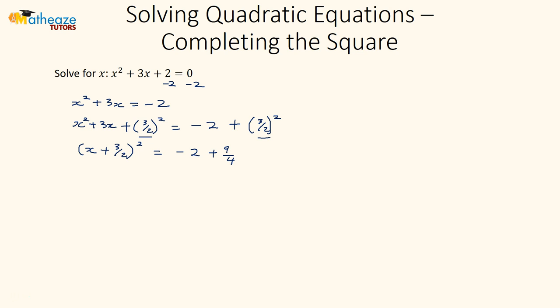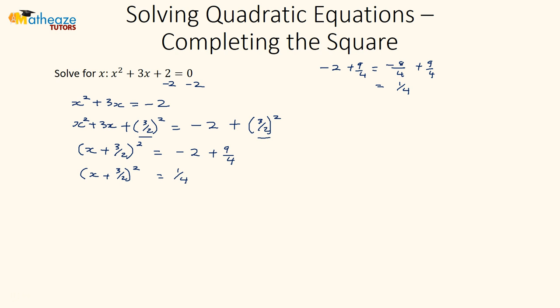So we can do some work here. Negative 2 plus 9 over 4 is the same as negative 8 over 4 plus 9 over 4, which gives us 1 over 4. So now we have x plus 3 over 2 squared is equal to 1 over 4.